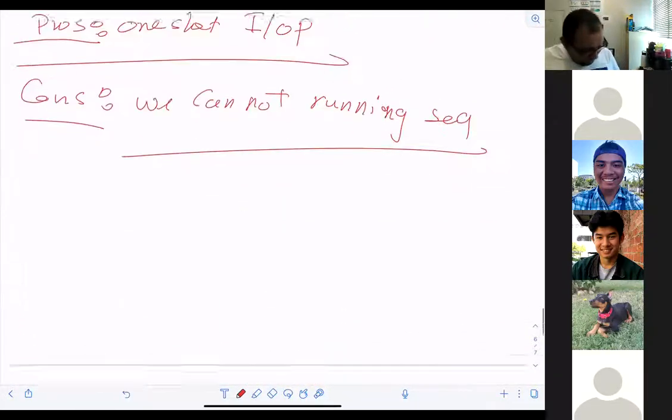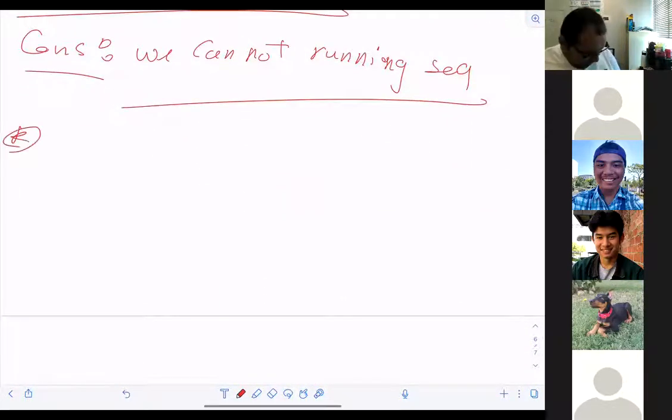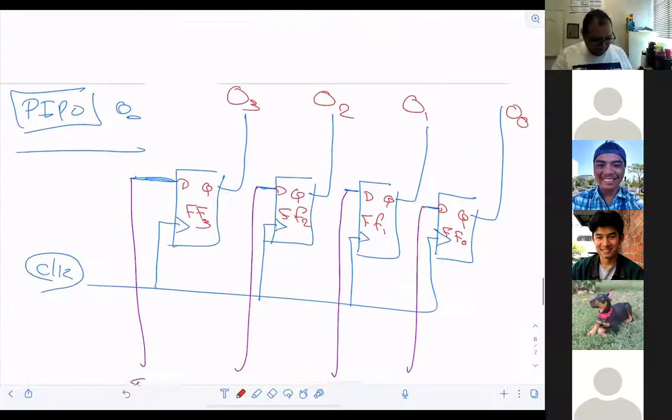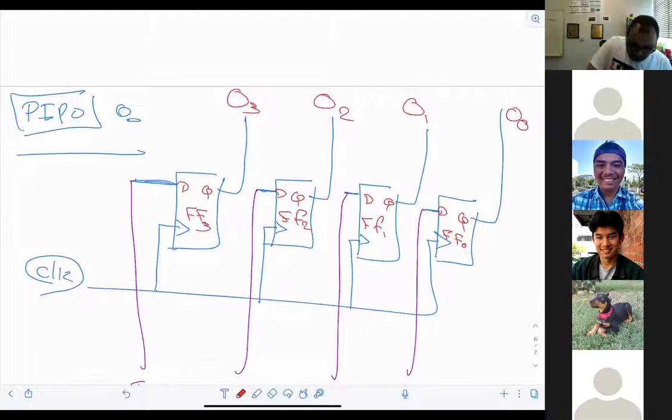So there is a register. I'm gonna discuss it next time, providing both sequential. Can you make it sequential if you connect the input and output? Yeah, I guess you can, because you have an input on each line.